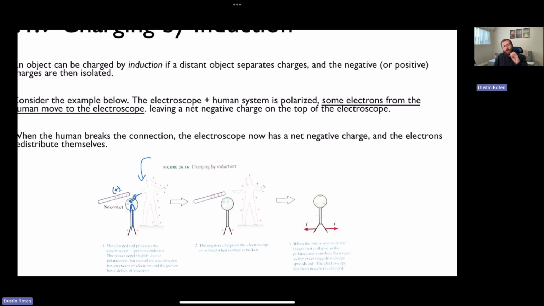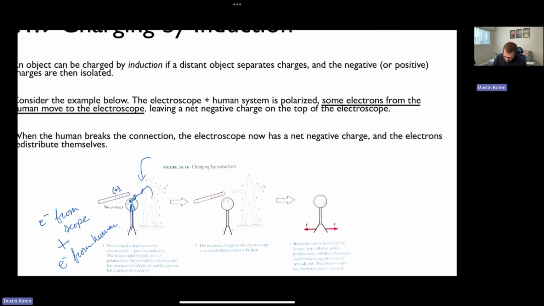So the number of electrons on the electroscope actually increases because we have the electrons from the electroscope plus the electrons from the human. Hopefully everybody sees how that works.